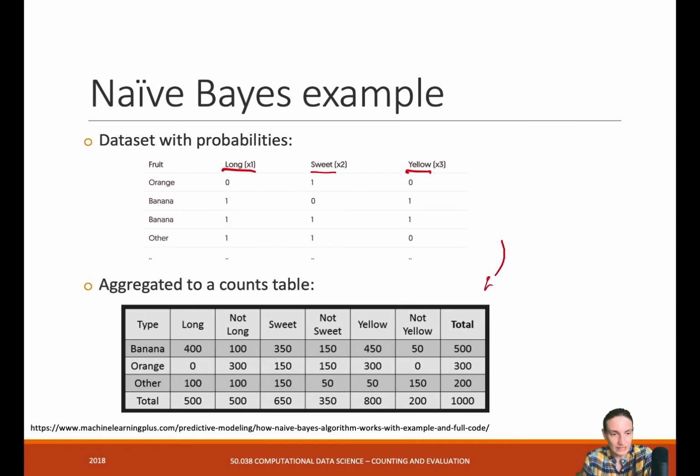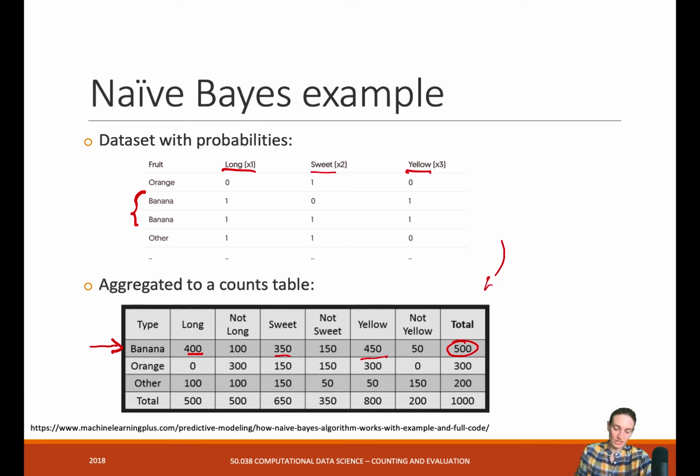So we aggregate this into a count table, and we see that for different fruits, for instance, banana appears twice here, but it'll appear many, many times, in fact probably 400 times. For each of these, they're aggregated into one row here. For banana, we see 400 times it occurs as long. It seems to be medium sweet, yellow, all the time. In total, 500 counts of banana.